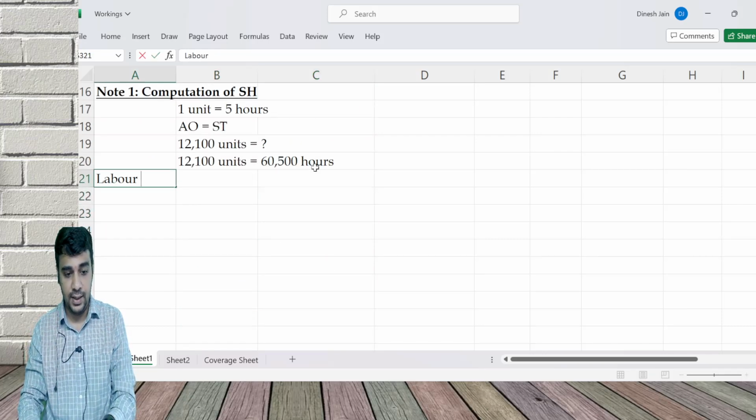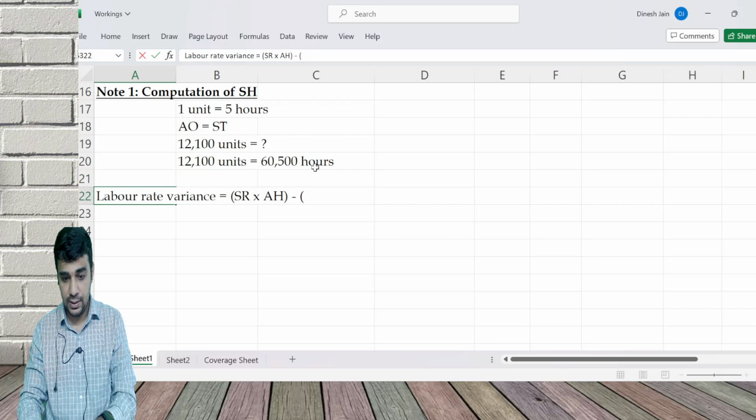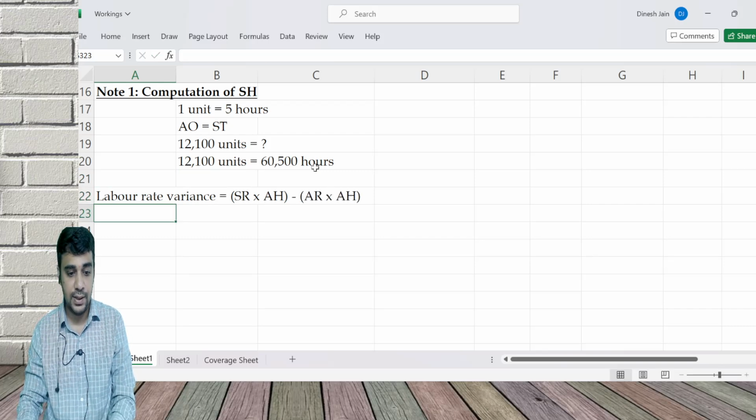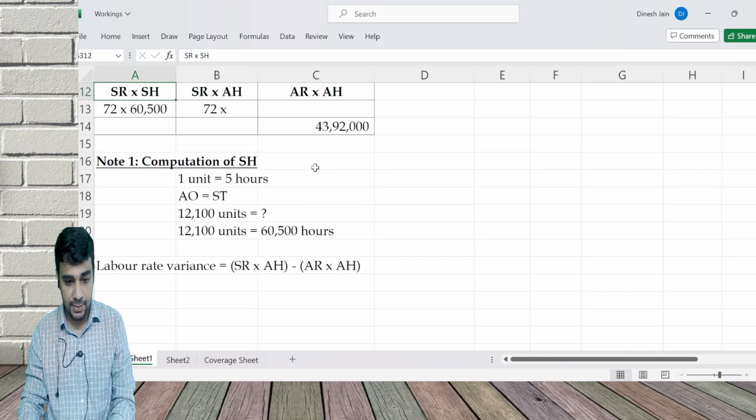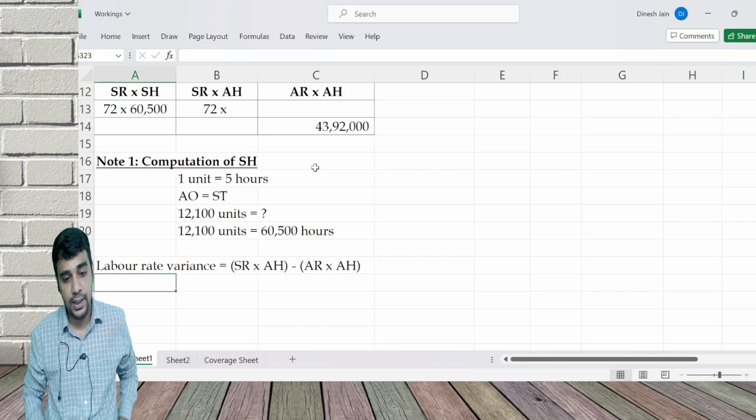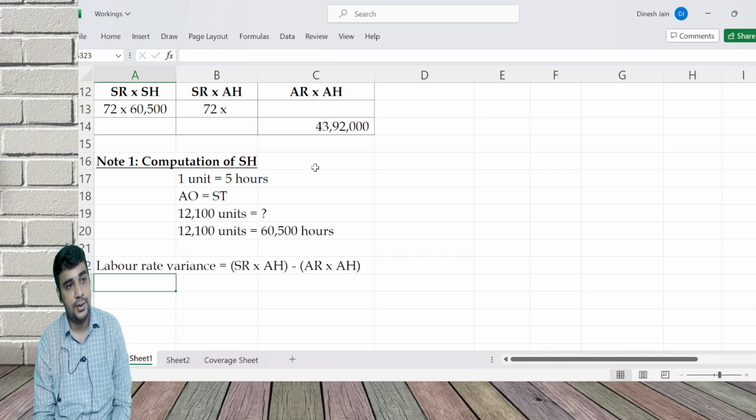So let's do labor rate variance equal to SR into AH minus AR into AH.